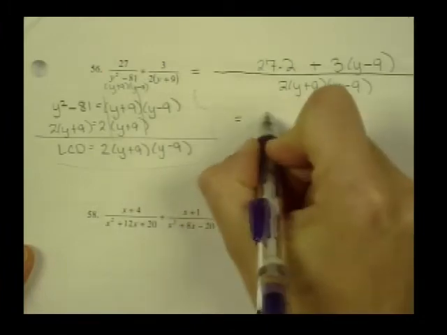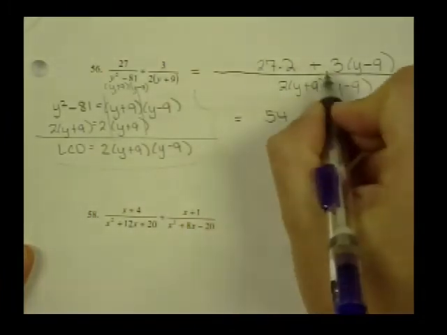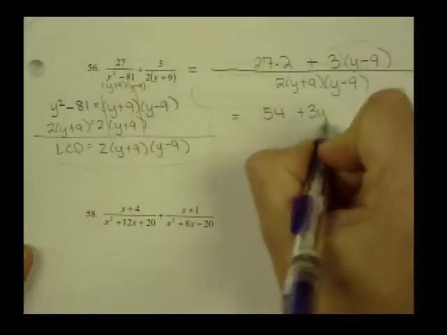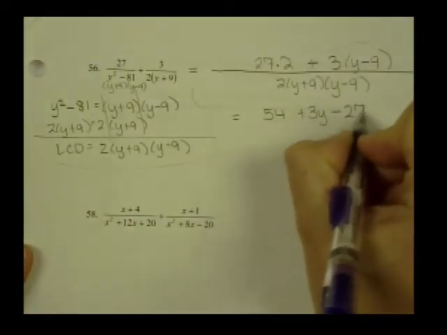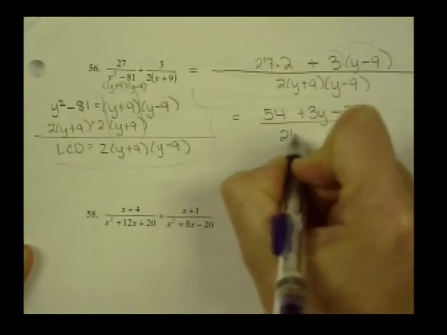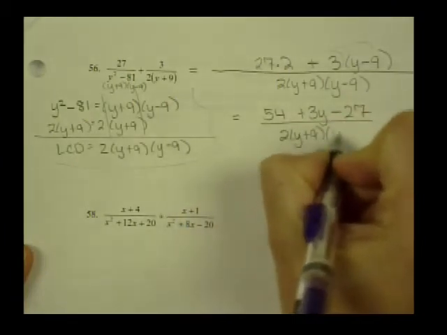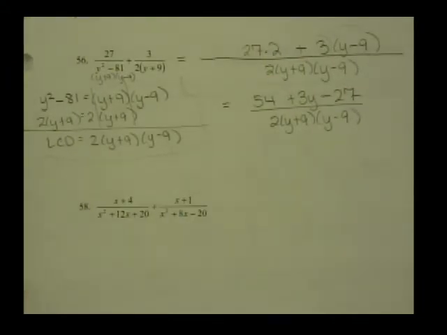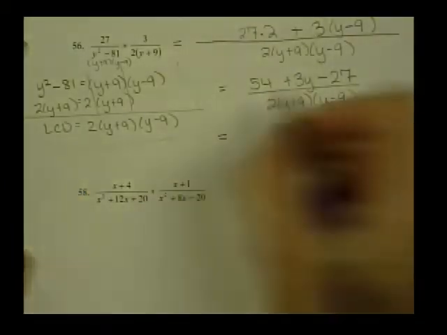So 27 times 2, that's 54. And then distribute the 3. So plus 3y minus 27. Can we simplify in the top at all? Yeah, the 54 minus 27 gives us positive 27.